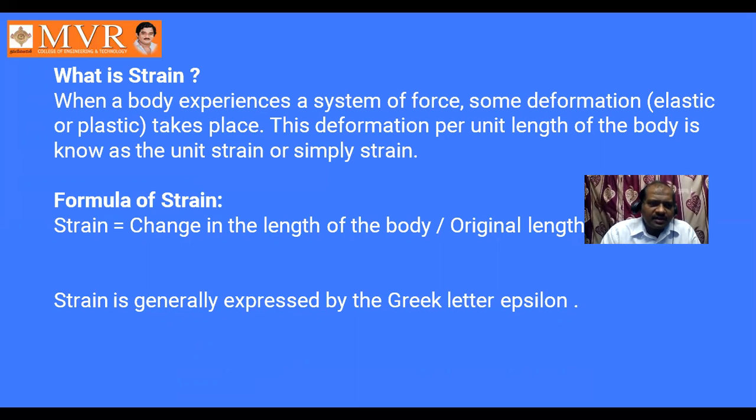That is how strain can be defined. Strain takes place when a stress is acting on the body. Stress means when forces are acting on a body, that body tries to deform.